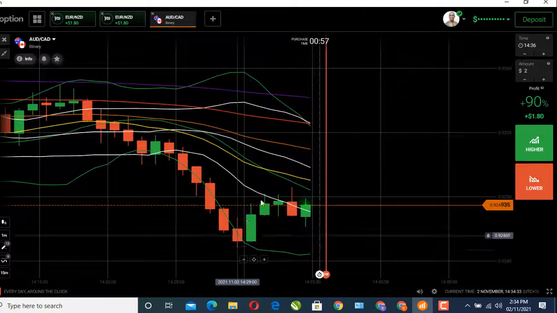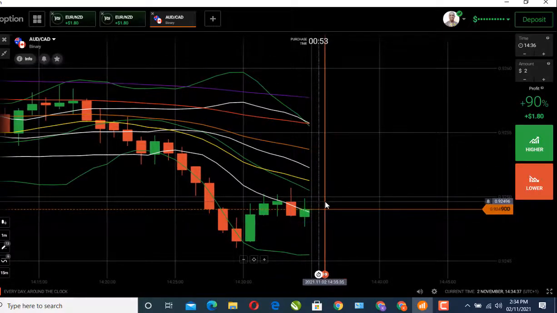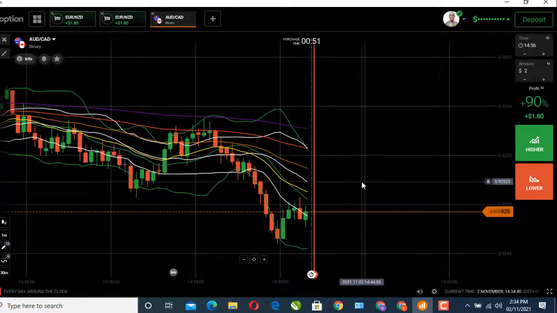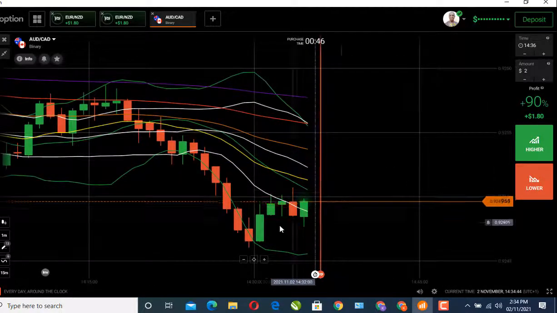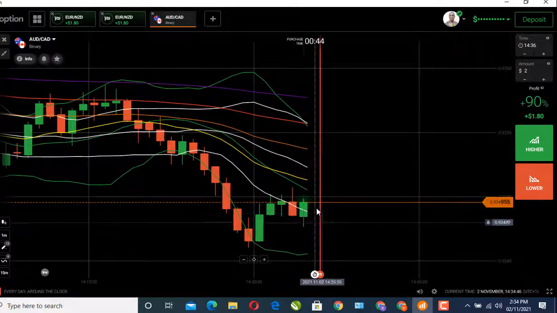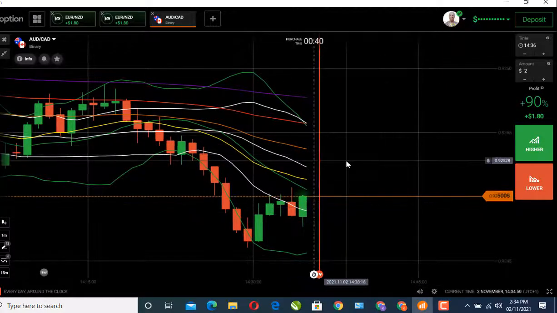So I'm waiting for the market. Maybe here is a pullback from 2 deviation, sorry, from 1 deviation. So I'm waiting for the market to give me a good signal to take my trade.